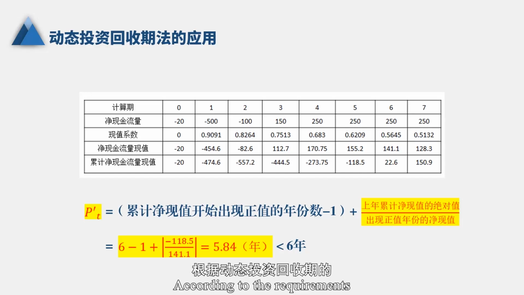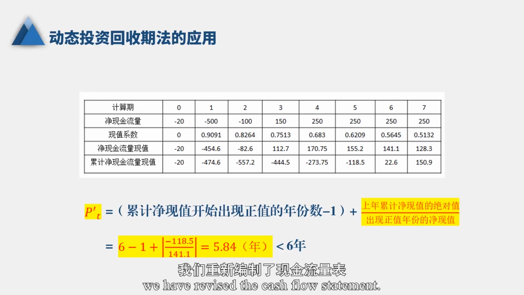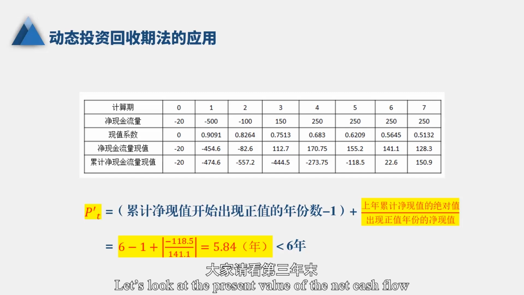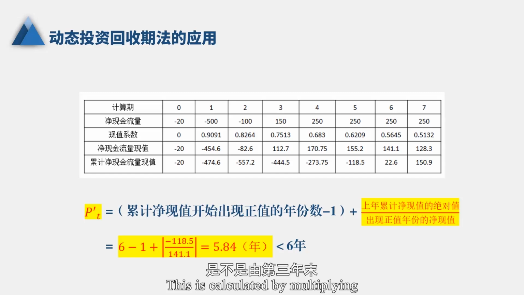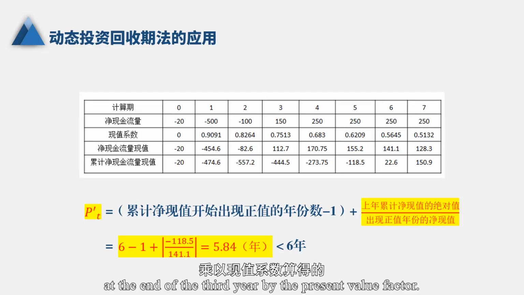According to the requirements for calculating the dynamic investment payback period, we have revised the cash flow statement. Let's look at the present value of the net cash flow at the end of the third year, which is 1.127 million yuan. This is calculated by multiplying the net cash flow of 1.5 million yuan at the end of the third year by the present value factor.